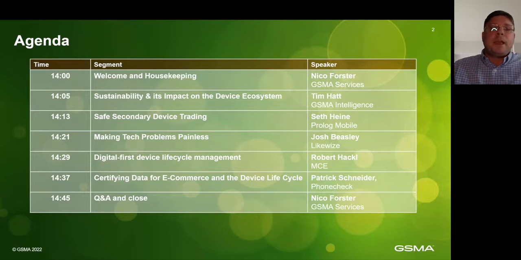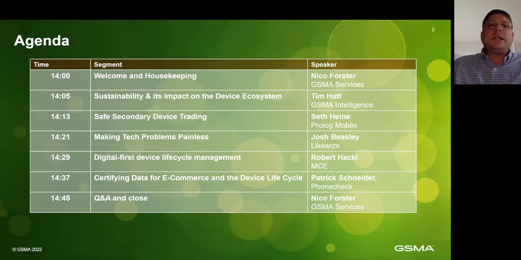We have a great session today, as I said, which is focusing on data for device lifecycle management, the aim of which is to help you, your team, your company to get a deep understanding of the whole device lifecycle and how the mobile device data can effectively help managing this aspect.